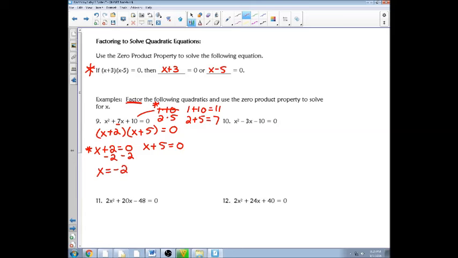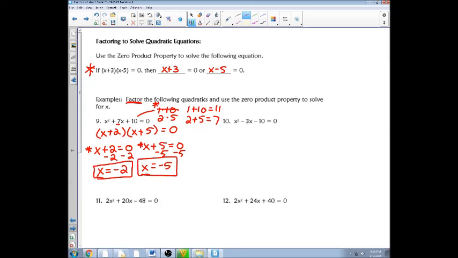X would equal negative 2. For the second problem right here, I can subtract 5 from both sides. So x equals negative 5. Once you have split those into x plus 2 equals 0 and x plus 5 equals 0, it really just turns into two separate problems that you need to solve on their own. So x would be equal to negative 2 and negative 5.